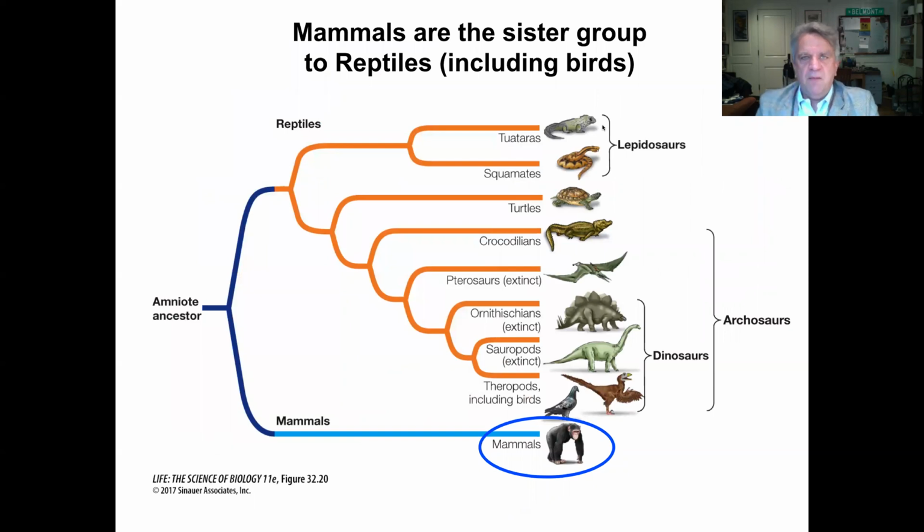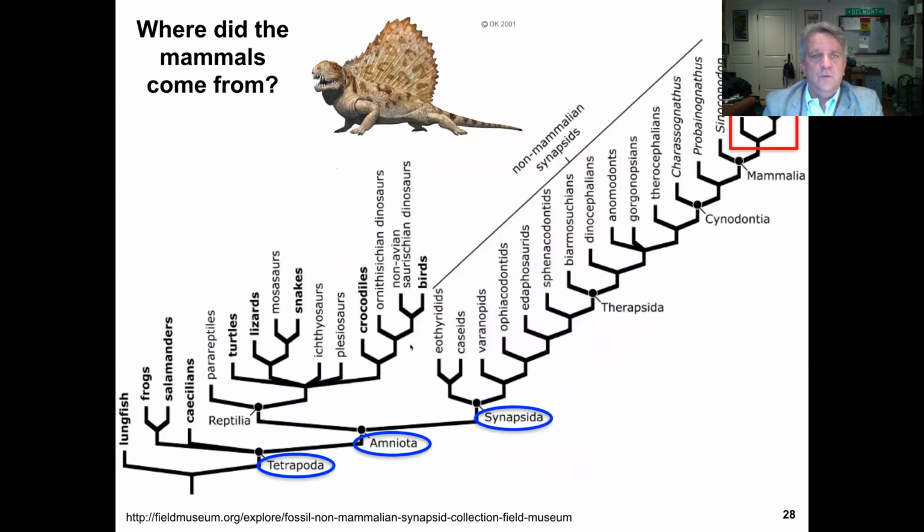Now, remember, mammals are the sister group to reptiles. So if we go to the amniote common ancestor, we have one branch leading to all the diversity of reptiles, and then this other lineage that leads to the diversity of the living lineages of mammals. So this begs the question: where did mammals come from?